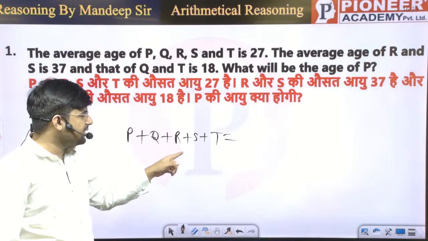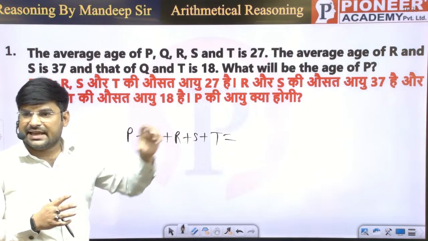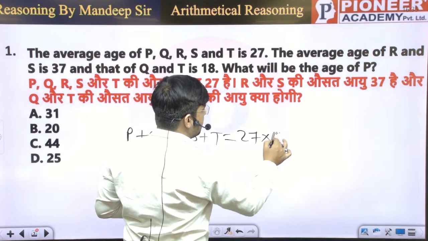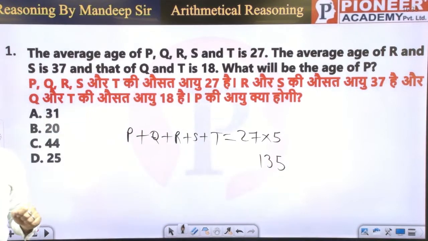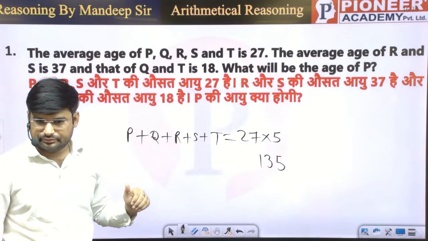There are 5 persons and the average age is 27, so we multiply 5 into 27. Clear? The sum of the ages is 135.